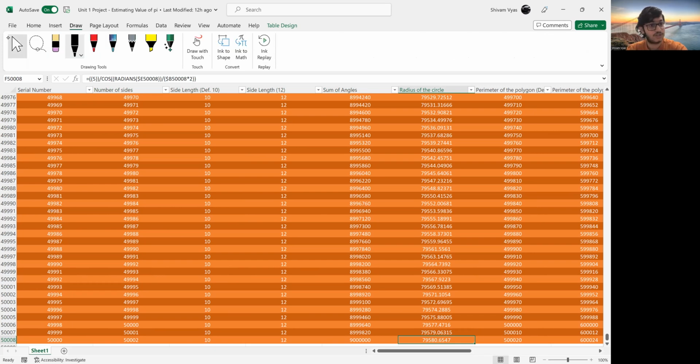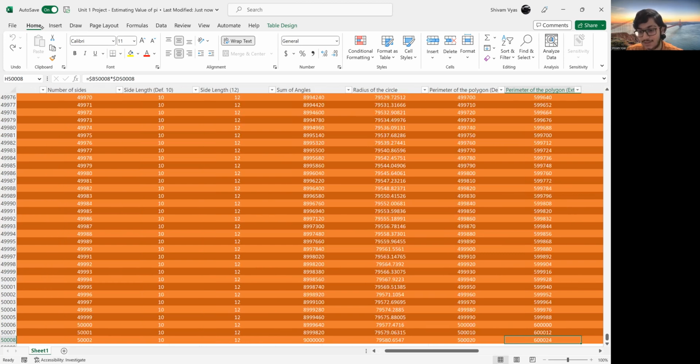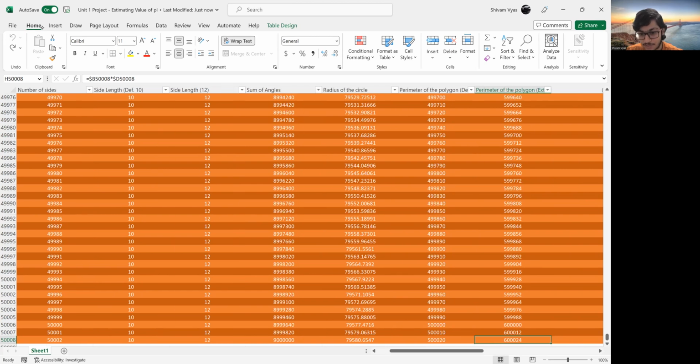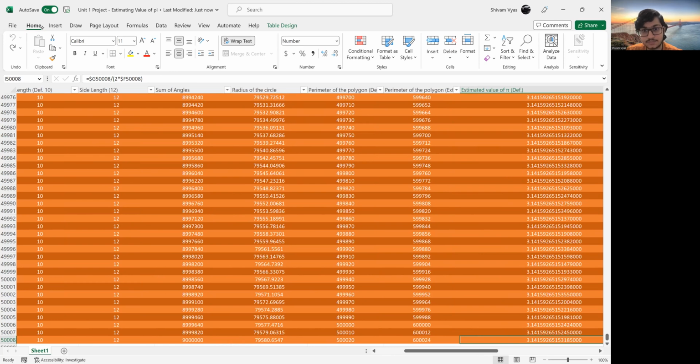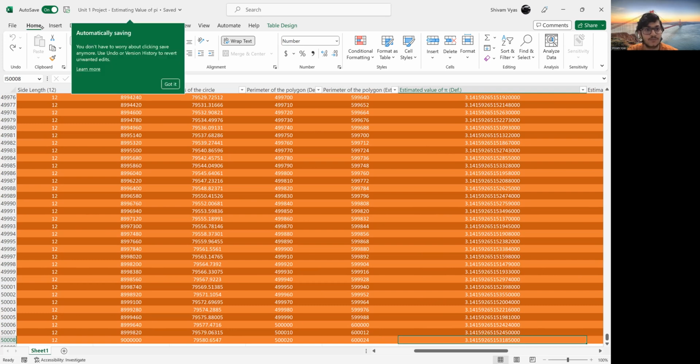And then the perimeter of the polygon is going to be this much, and the perimeter of the polygon with the extended side length is this much. The highest estimated value with the default side length of 10 is going to be 3.141592651533185.